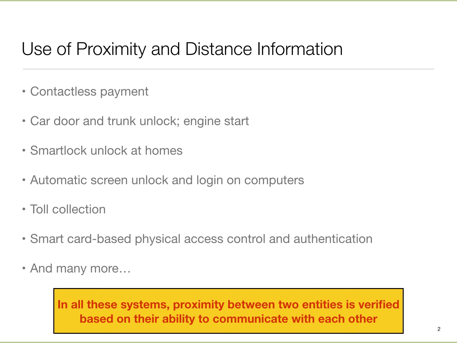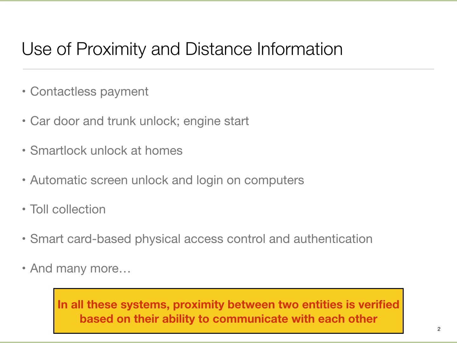In contactless payment, right? I just put my card next to the turnstile. Smart door lock, unlock at home. There are some smart doors now where you walk to your front door and it unlocks. Usually they rely on some Bluetooth sensor like that.